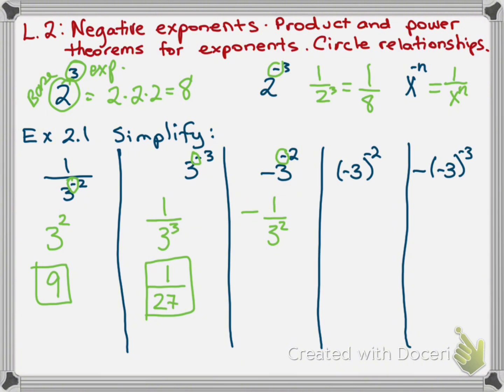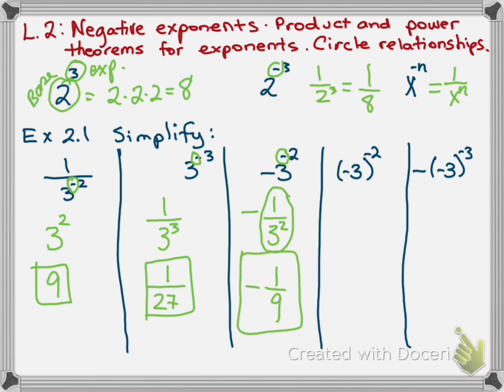We're not going to do anything yet. And notice also how we don't have a parenthesis. If anything, we have this fractional line, so we're going to do this first. Okay? Only the 3 is to the second power. So 3 to the second power is 9. So we have 1/9 with the negative, negative 1/9.